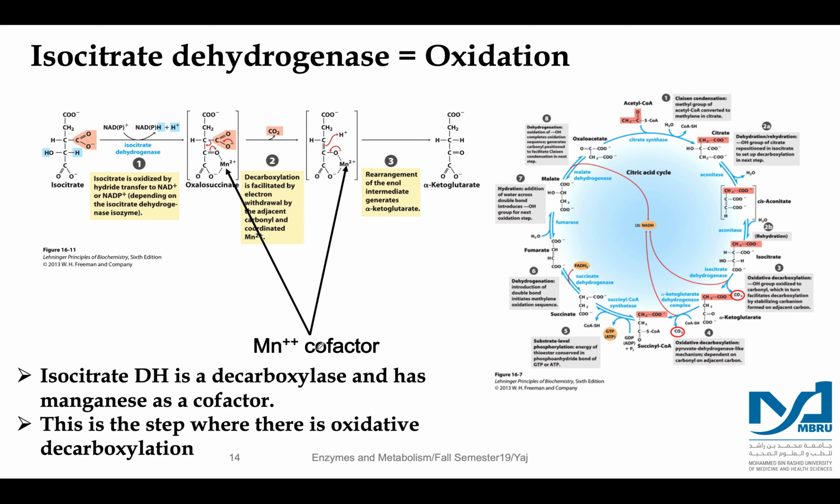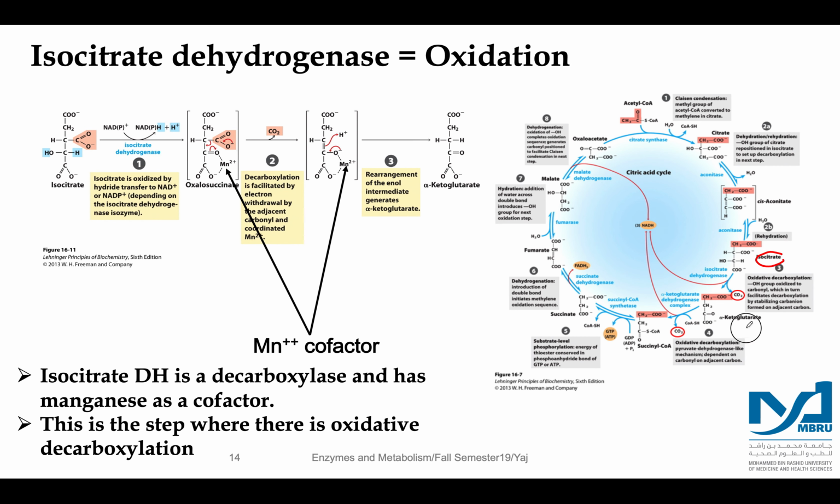As I said, we will not focus on all the steps. We will focus on specific steps of the pathway because they are clinically relevant or are important for assessments. So the next step that we will focus on in the cycle is the conversion of isocitrate to alpha-ketoglutarate.